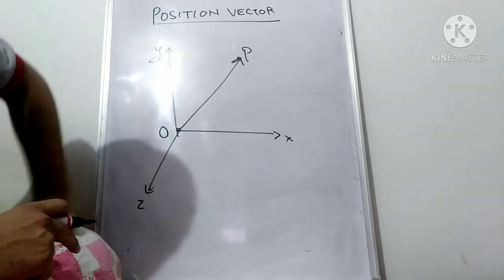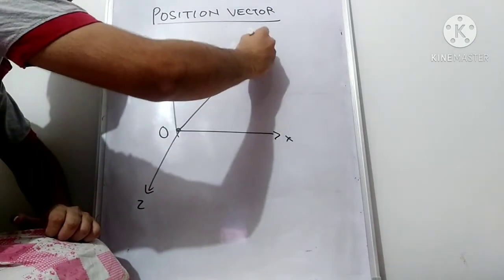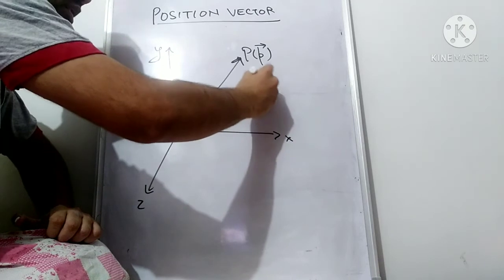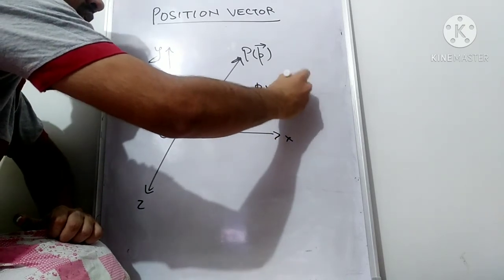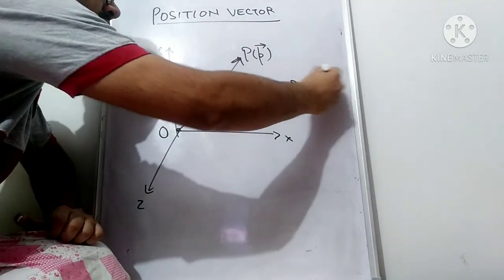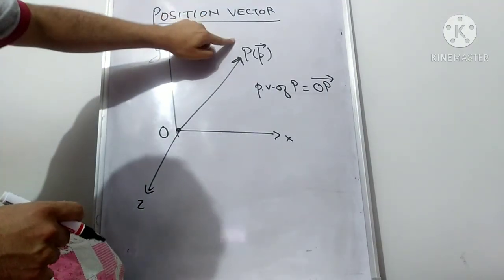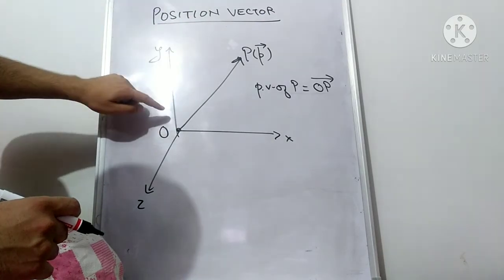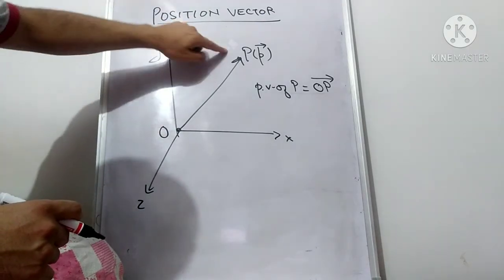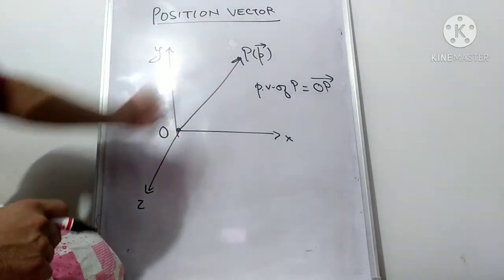That vector will become the position vector for P. If I want to write the position vector of P, that will be the vector OP. For any point P, the position vector is the vector formed by joining the origin to that point and pointing in the direction of that point.